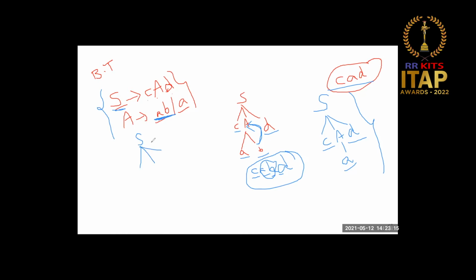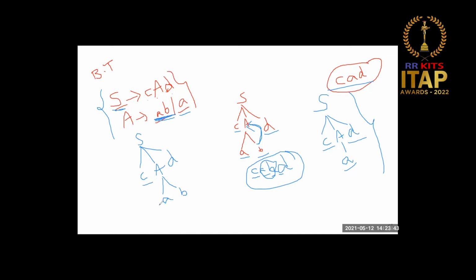S is the starting root node, and it has three child nodes, C, A, D. Now again this non-terminal should be replaced with the terminal symbol. Here A has two production rules, one starting with AB and another with a. So I can replace capital A with the first one, AB, because that is the first production rule for capital A.